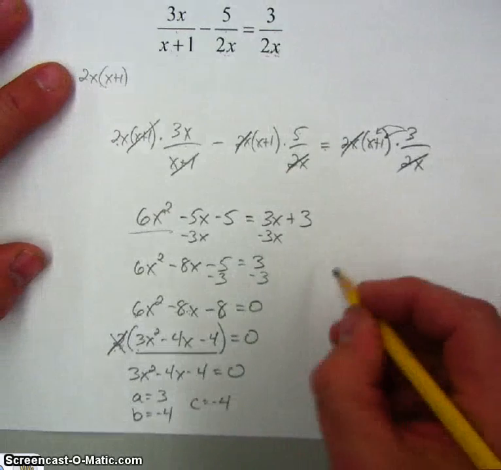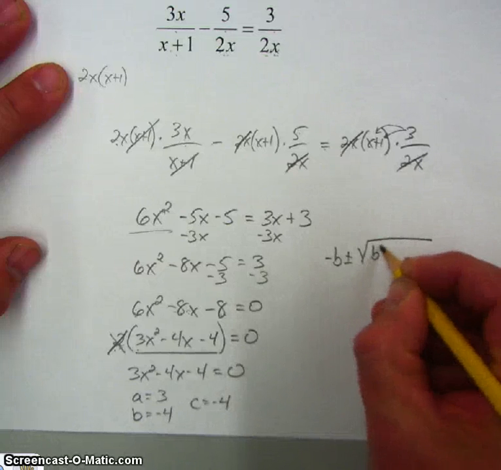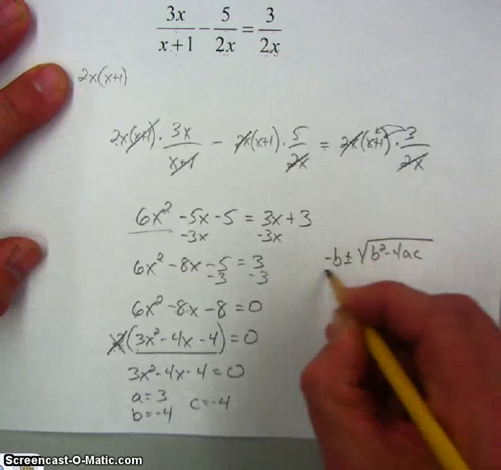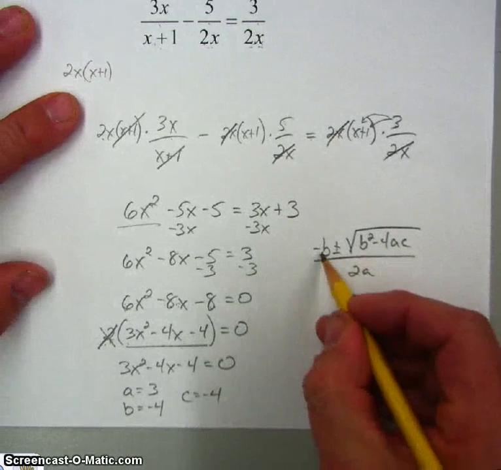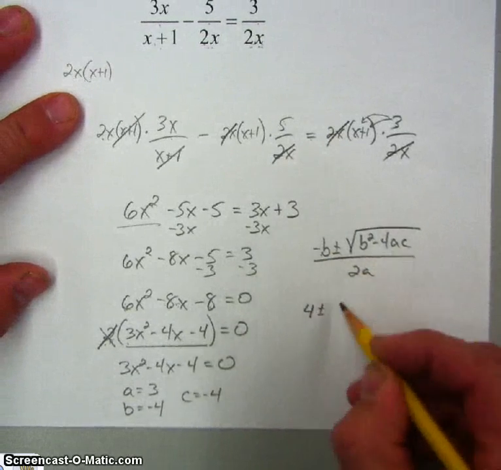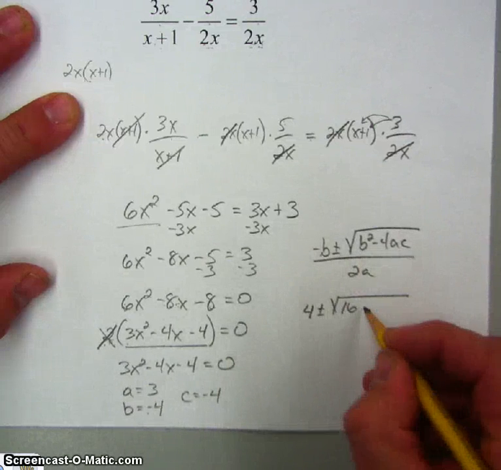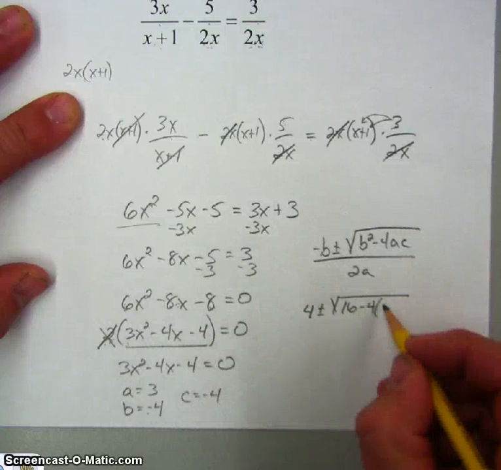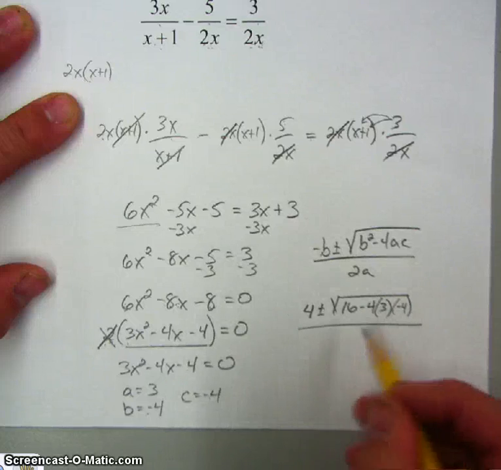So the formula states negative b plus or minus the square root of b squared minus 4ac all over 2a. So let's plug those in. So this becomes positive 4. Negative 4 squared is positive 16 minus 4 times a times c, all over 2 times a.